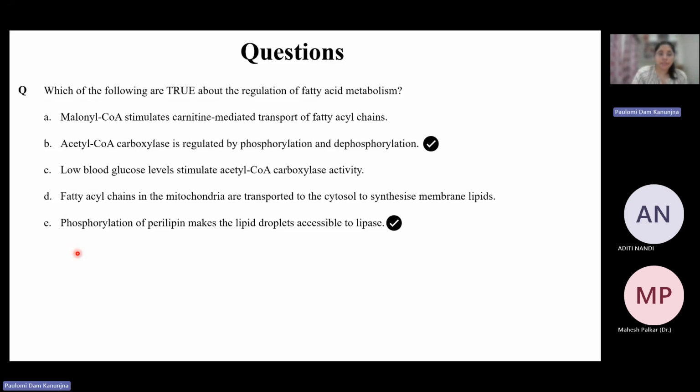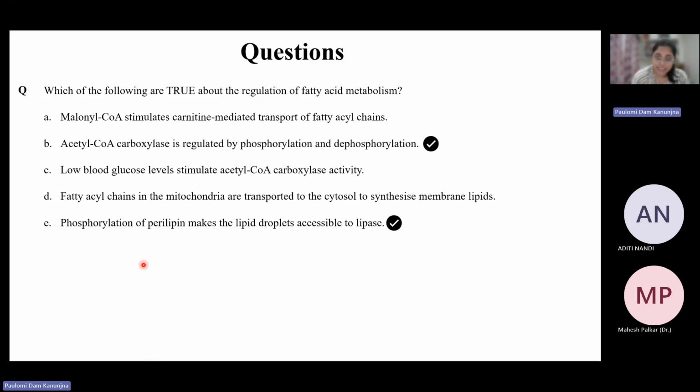So if we look into the first one, which is malonyl coenzyme A, and it says that it stimulates the carnitine-mediated transport of fatty acyl chains, it is basically incorrect because malonyl coenzyme A inhibits carnitine transferase. So as we know, carnitine mediates the transport, and the enzyme there is carnitine transferase, and malonyl coenzyme A inhibits this. So it doesn't stimulate the transport.